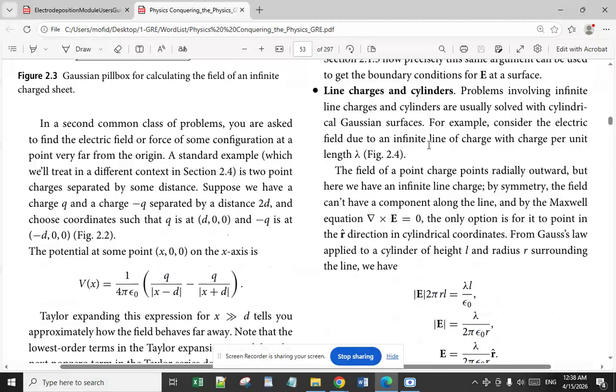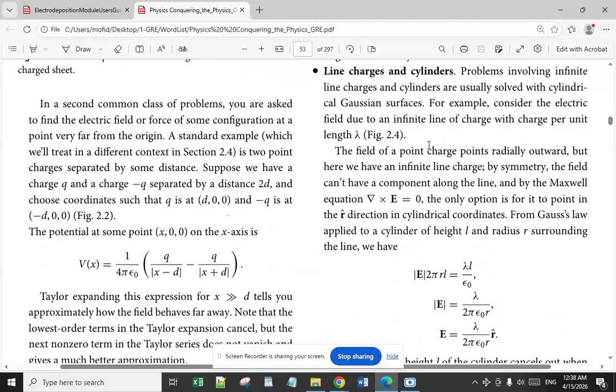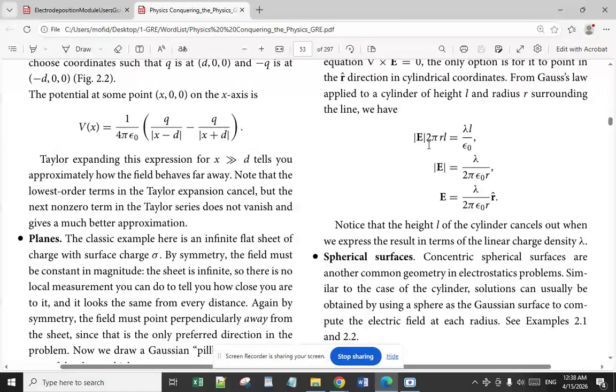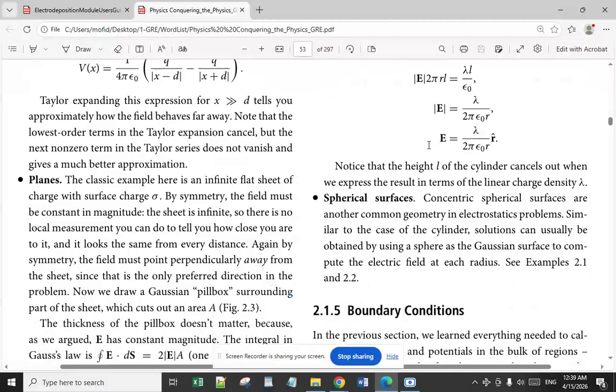From Gauss's law applied to a cylinder of height L and radius r surrounding the line, we have |E| 2πrL equals lambda L divided by ε0. So |E| is equal to lambda divided by 2πε0 r, and E is equal to lambda divided by 2πε0 r multiplied by r-hat.